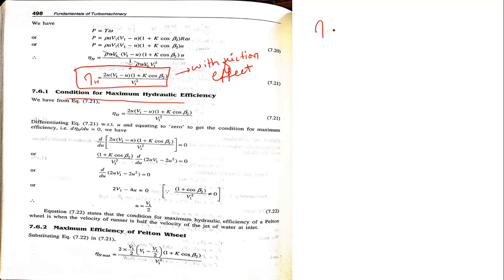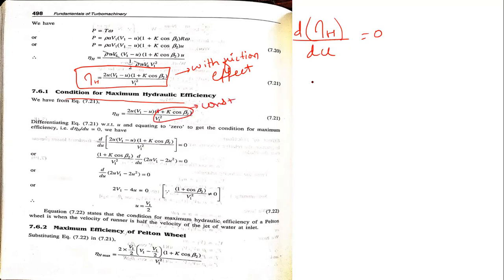So to get the maximum hydraulic efficiency, what you do? Differentiate hydraulic efficiency with respect to u and equate it to 0. All this is a constant here, 1 plus k cos beta 2 by V1 square. This whole thing becomes a constant because it is out of the expression.